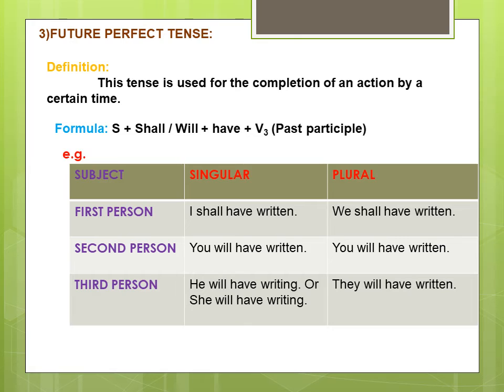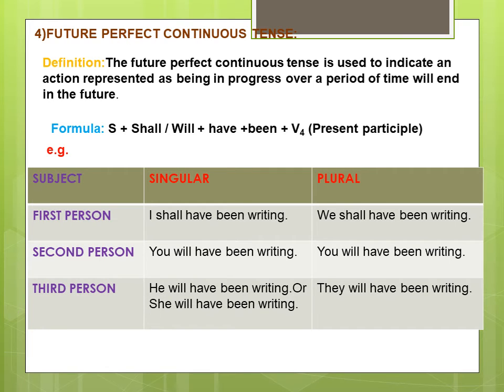Next, the future perfect continuous tense. The future perfect continuous tense is used to indicate an action represented as being in progress over a period of time that will end in the future. See the formula: subject plus shall or will plus have plus been plus V4, meaning the present participle form of the verb.